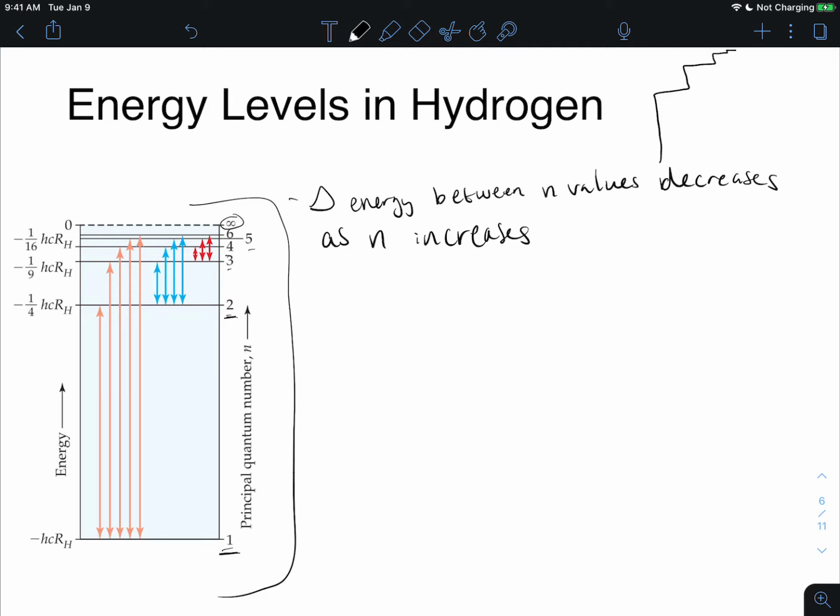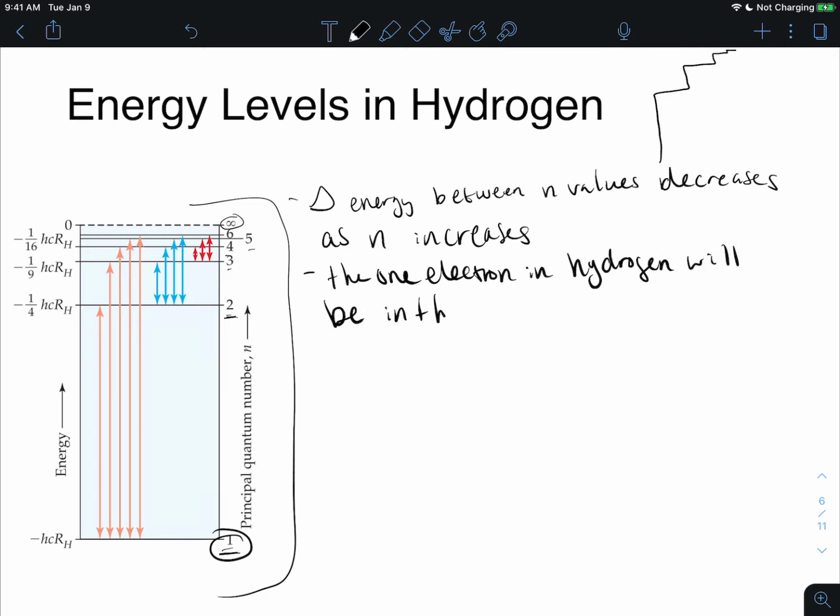But again, if we're talking about hydrogen, it only has one electron, and that electron will be in the n equals 1 state because you're going to want to have your electrons in the lowest energy state possible. So the one electron in hydrogen will be in the n equals 1 energy level.